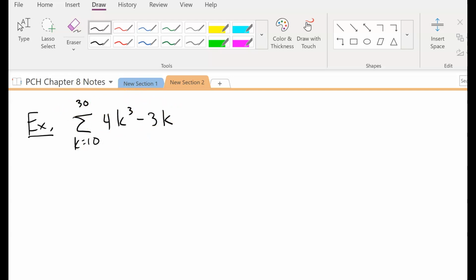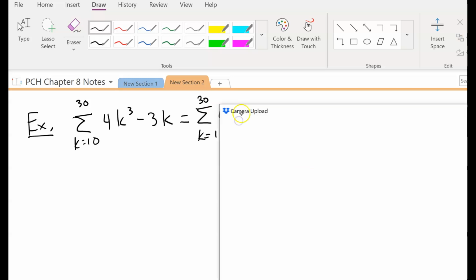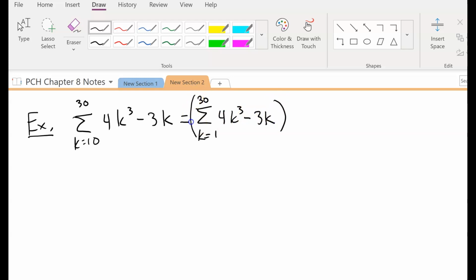So what we're going to do is break this up into the sum as k goes from 1 to 30 of 4k cubed minus 3k, and then we're going to subtract out the sum as k goes from 1 to 9, because we only want the values from 10 of the same expression, 4k cubed minus 3k.